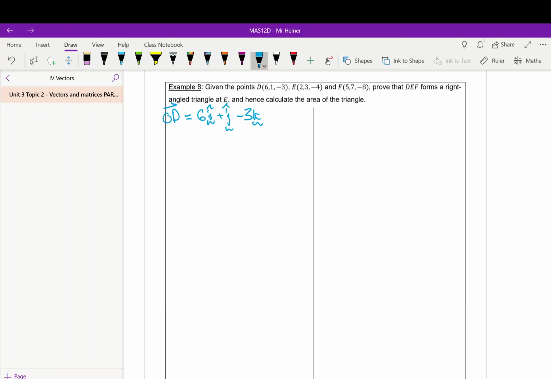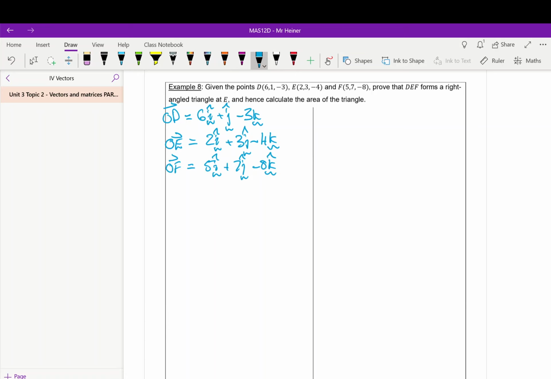Then we've got OE, which is 2i plus 3j minus 4k. And then we have OF, which is 5i plus 7j minus 8k. So what can we do with this?